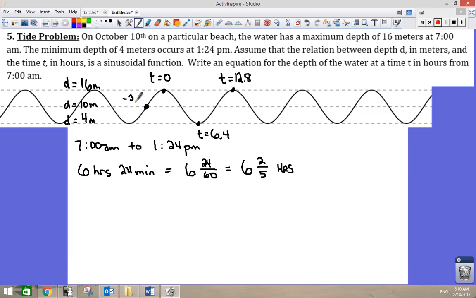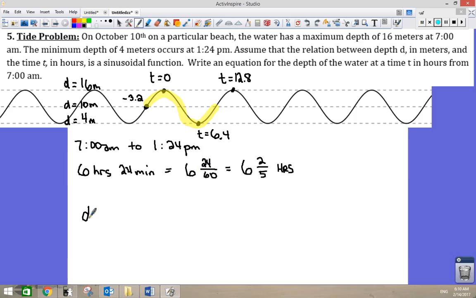So if I call this negative 3.2, 3.2 hours before 7 a.m., and then I could use this as my basic sine curve, or I could go to the end of that cycle right there and use 9.6 and describe the next cycle. But let's go ahead and be different this time and use that negative 3.2. There's not really a reason not to.